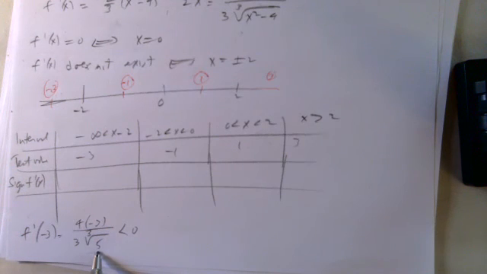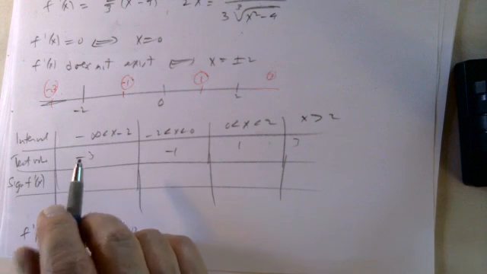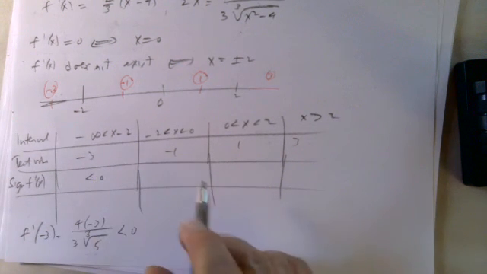This is negative, this is a positive number, and this is negative. So here the sign is less than 0.